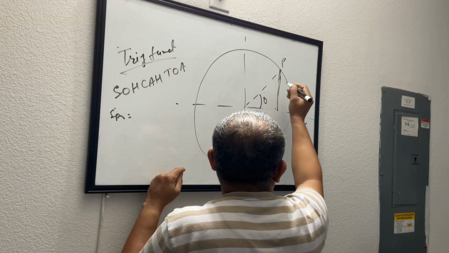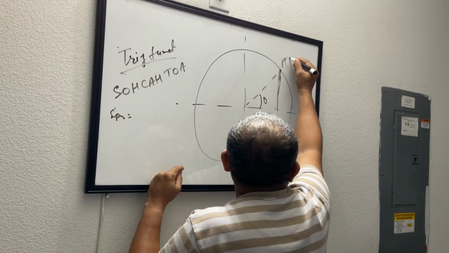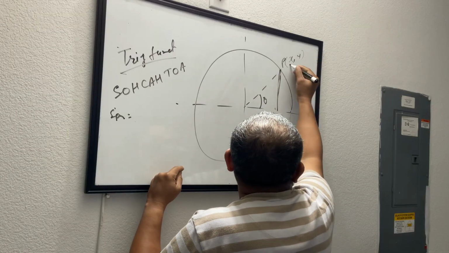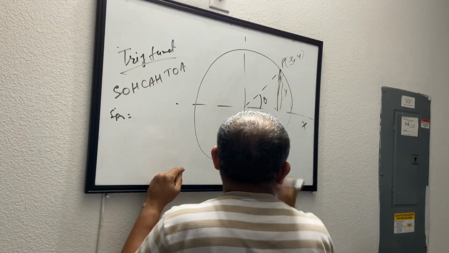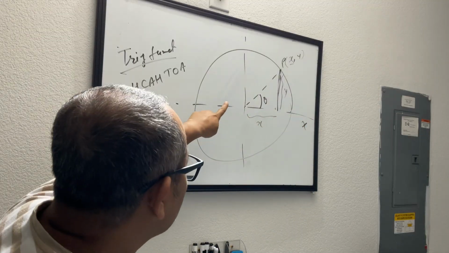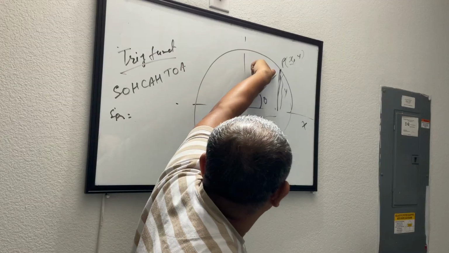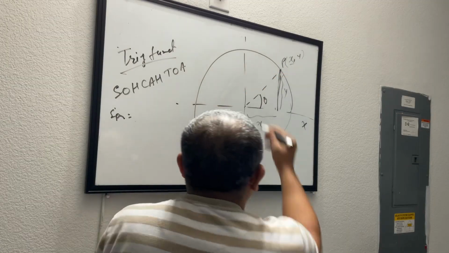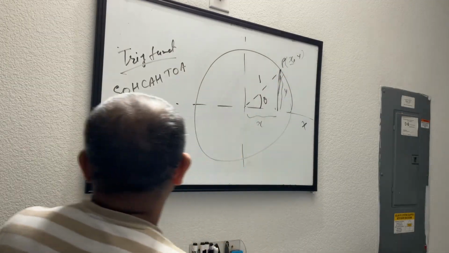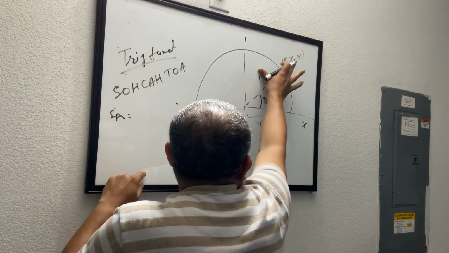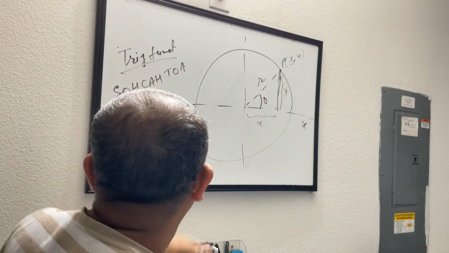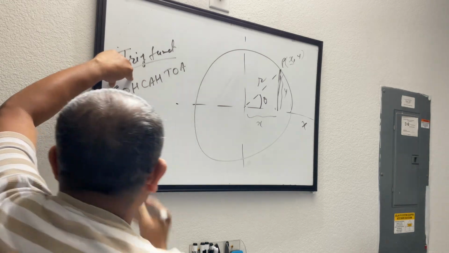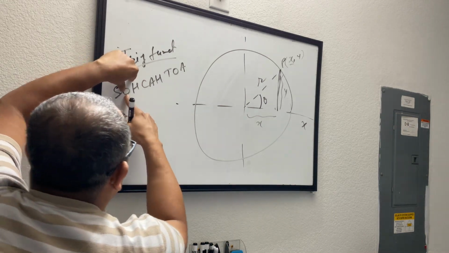So let's say the coordinates will be x comma y. X coordinate is this length and y coordinate's value is this one. So SOHCAHTOA says, and this is a unit circle, so I'm saying this is a radius of 1. Let's call it radius for now. SOHCAHTOA says sine of an angle theta is the opposite side by hypotenuse.